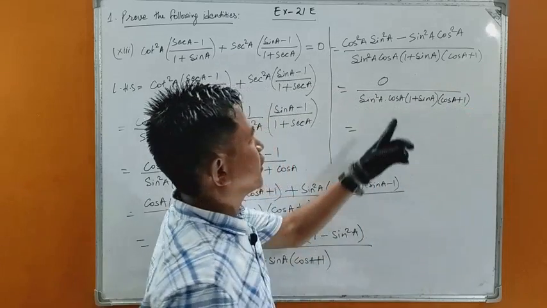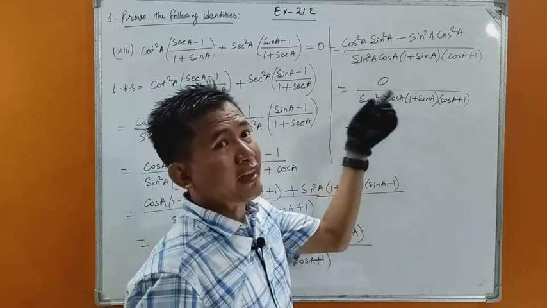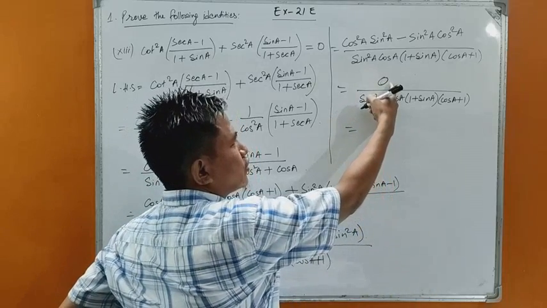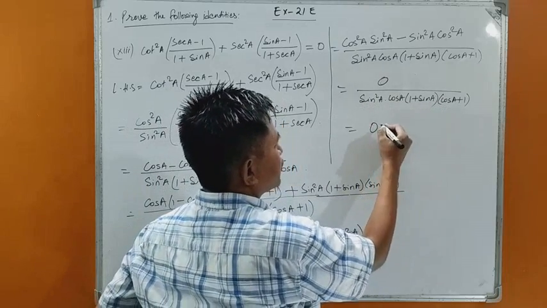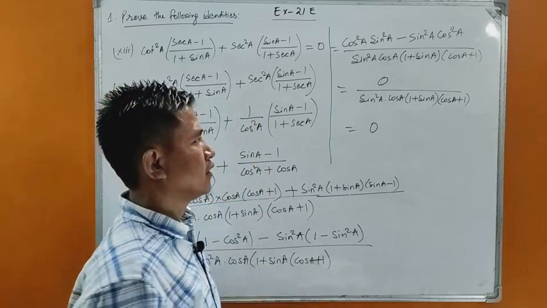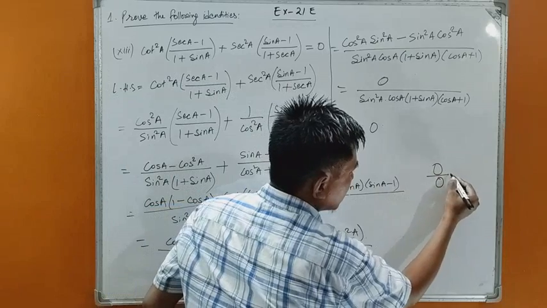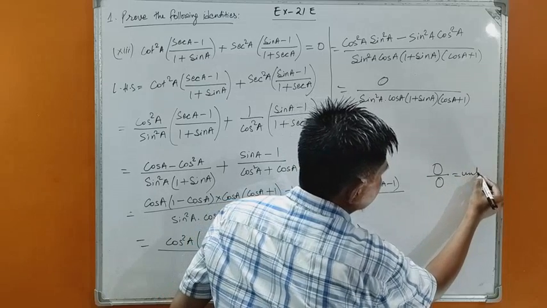So if the number in the numerator is 0, whatever be the number in the denominator except 0, the value will be 0. But please keep in mind, the number in the denominator should not be equal to 0, okay. If 0 upon 0, then this becomes undefined.